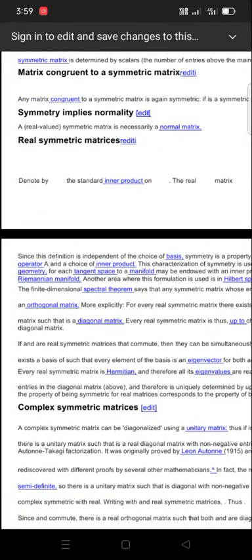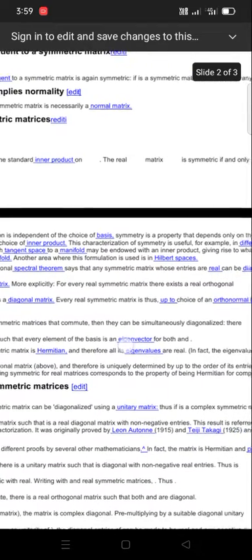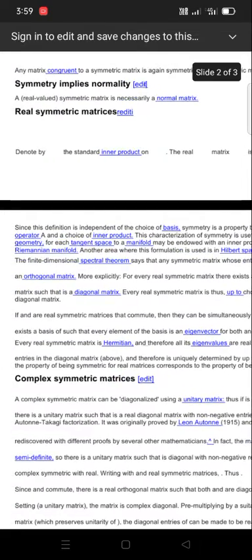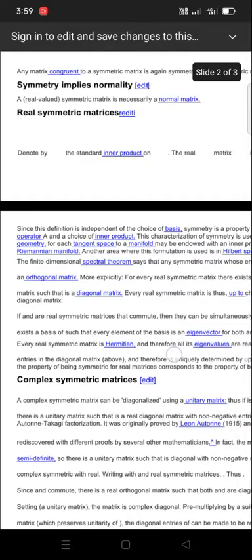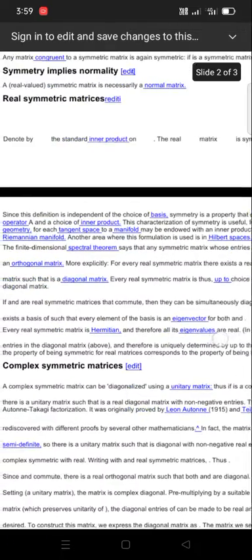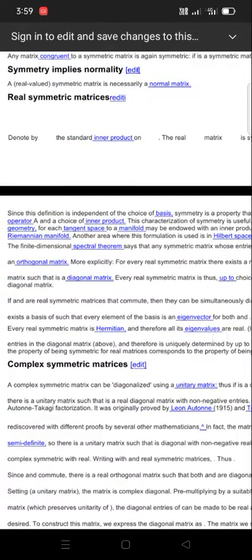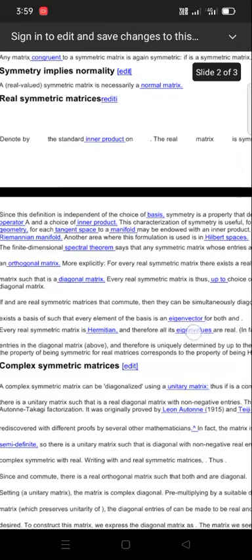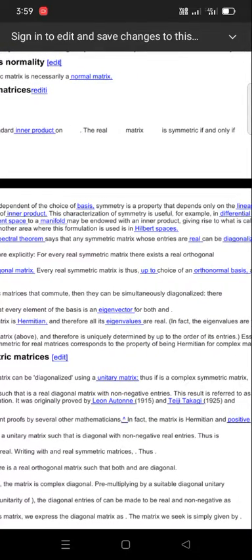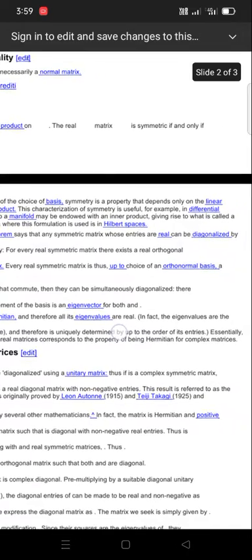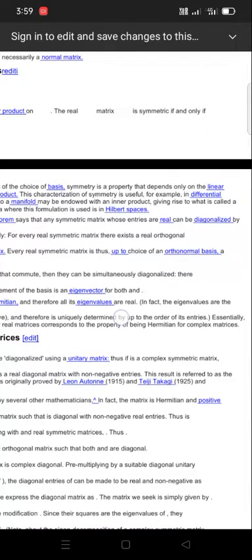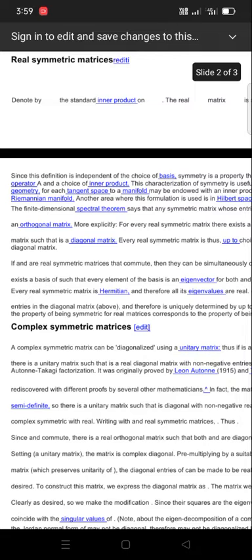The finite-dimensional spectral theorem says that any symmetric matrix whose entries are real can be diagonalized by an orthogonal matrix. More explicitly, for every real symmetric matrix A there exists a real orthogonal matrix Q such that Q transpose A Q is a diagonal matrix. Every real symmetric matrix is thus, up to the choice of an orthonormal basis, a diagonal matrix.